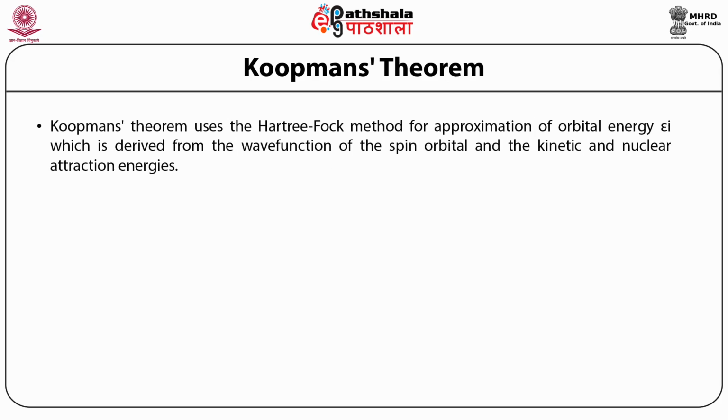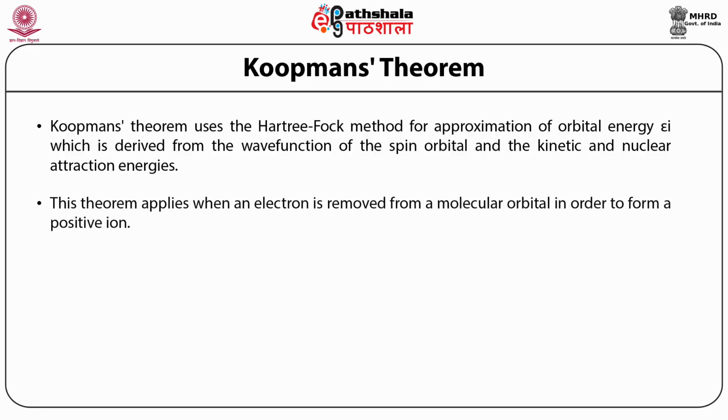Koopmans' theorem uses the Hartree-Fock method for approximation of orbital energy, that is epsilon_i, which is derived from the wave function of the spin orbital and the kinetic energy and nuclear attraction energies. This theorem applies when an electron is removed from a molecular orbital in order to form a positive ion.